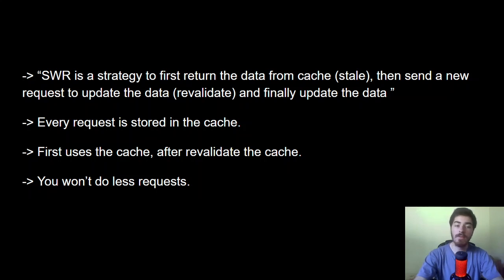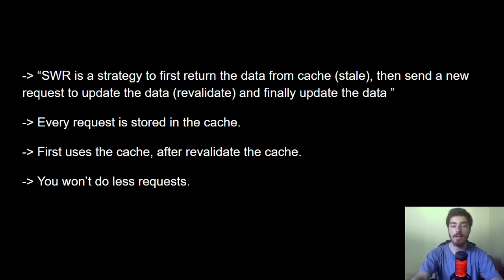So if the data are different, SWR will update the cache. It's basically a strategy to always have the most updated data in the cache, and after doing this, your UI will be updated because React is a reactive framework.